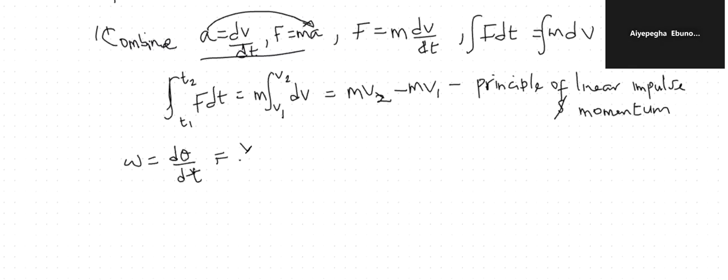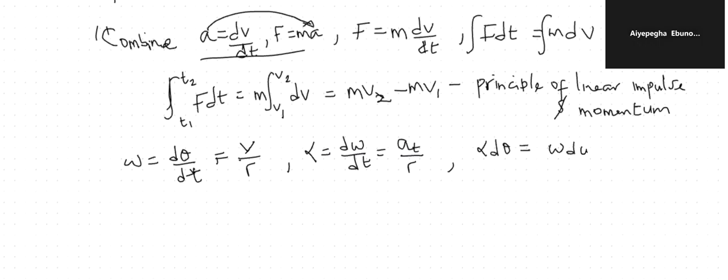Of course, our angular acceleration gives us d omega over dt, which is the same thing as our tangential acceleration over r. And then you know that alpha d theta equals omega d omega. So we can get many other formulas from these, and I'm still going to walk you through them as we get to each of these topics.